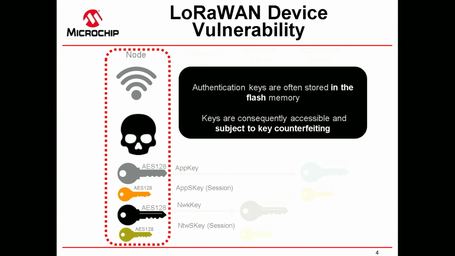On the device side, those keys are accessible because they are very often in the flash of the microcontroller. Flash is very accessible. If you want to know how this is being done, come and see me at the booth and I'll show you a few websites that are actually proposing services to extract not only the keys but the complete X file of your microcontroller.